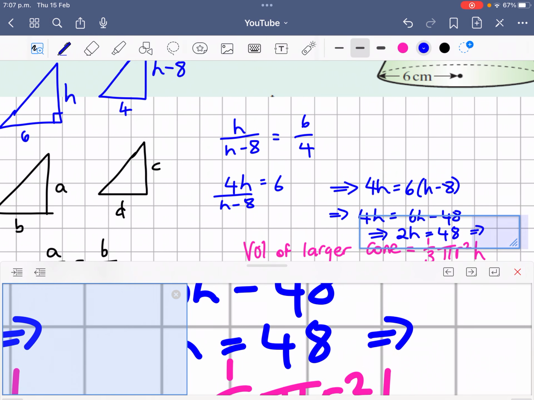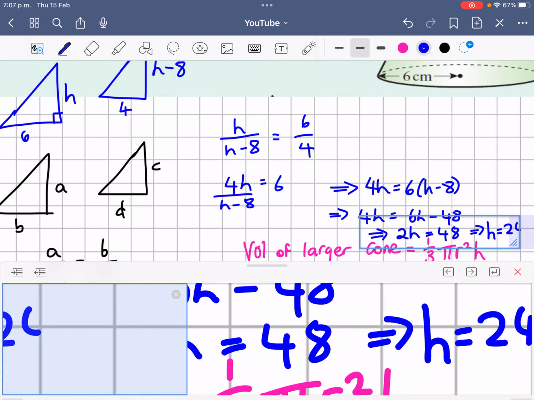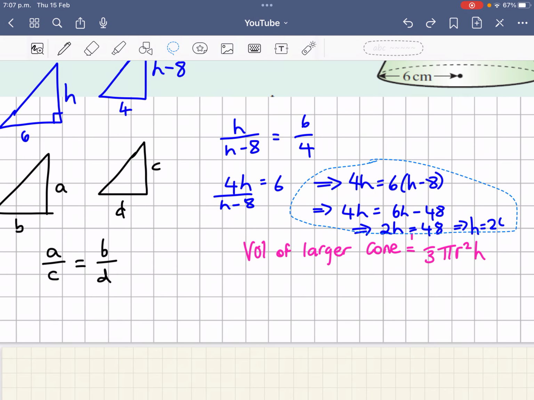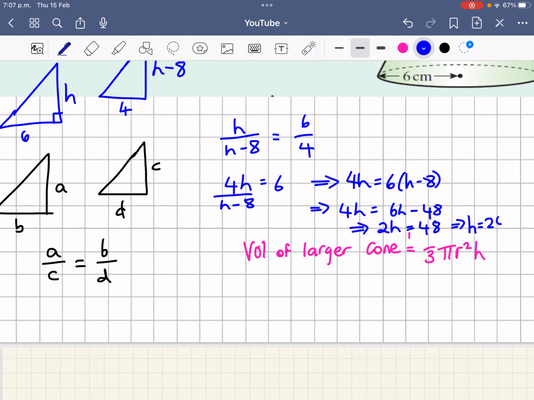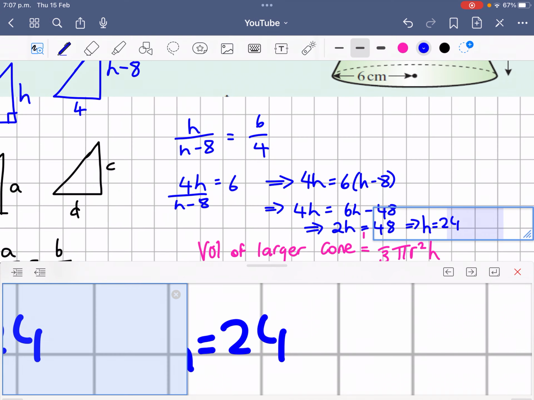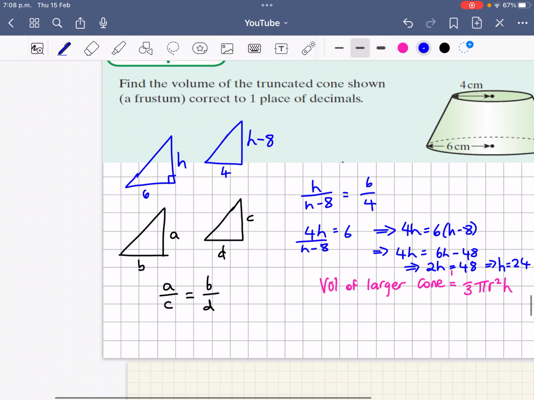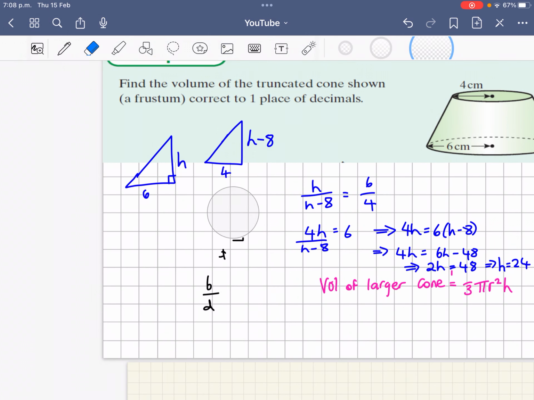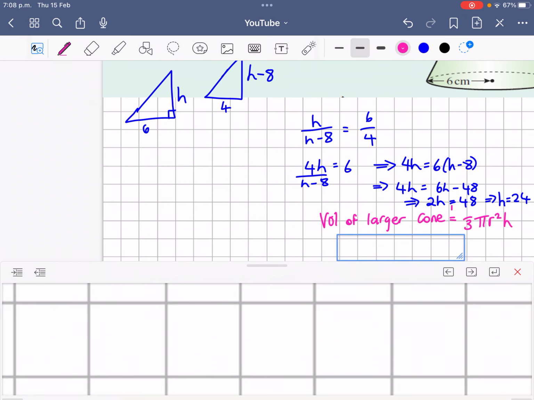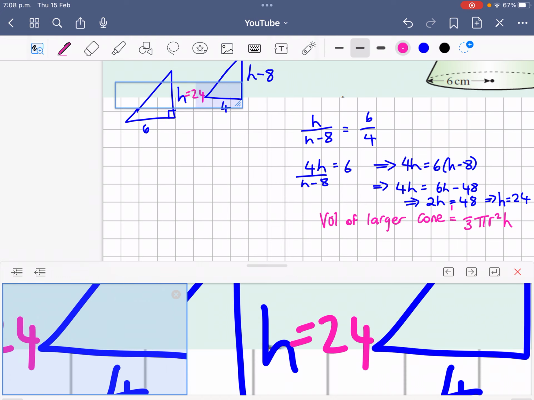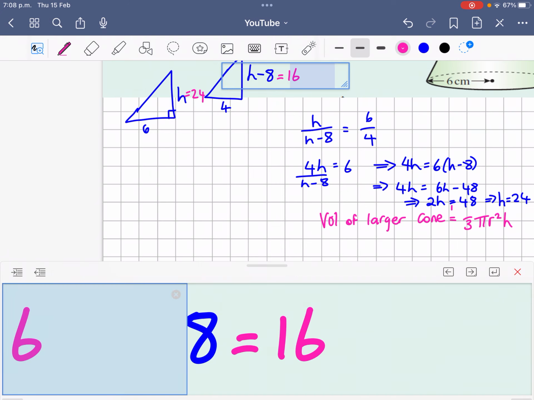So h must be 24. So h is equal to 24. So if we know h is equal to 24, h minus 8, well 24 minus 8 must be 16. So I'm going to draw that up here. h is equal to 24 and h minus 8 is 16.